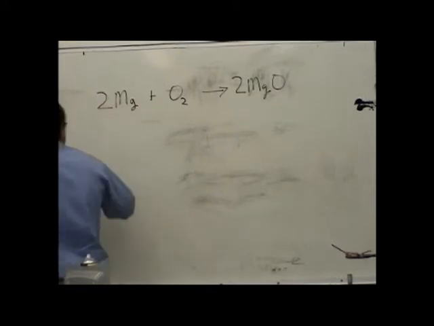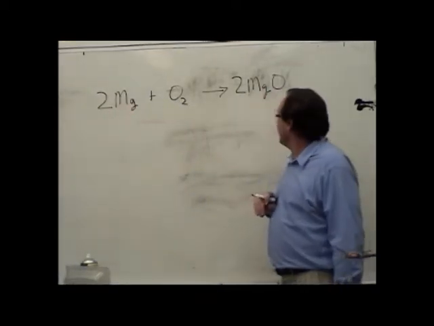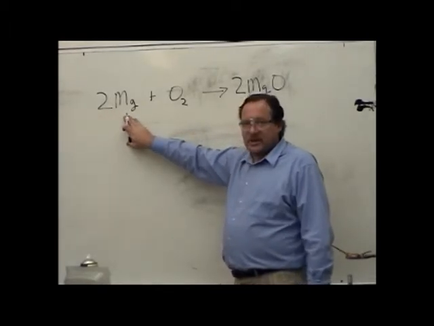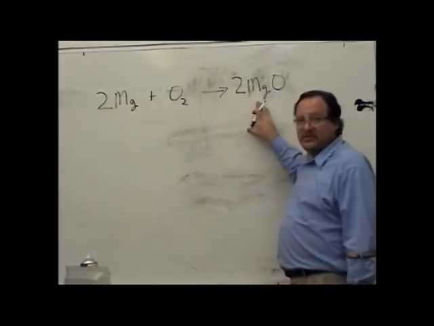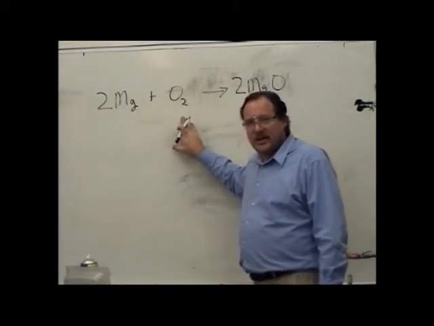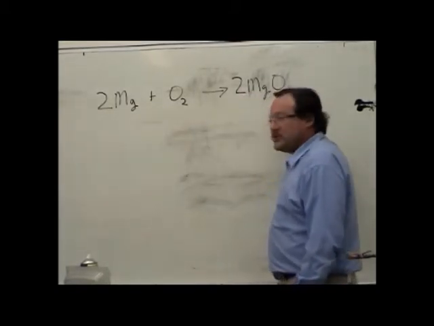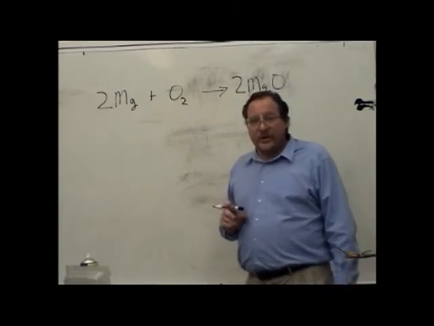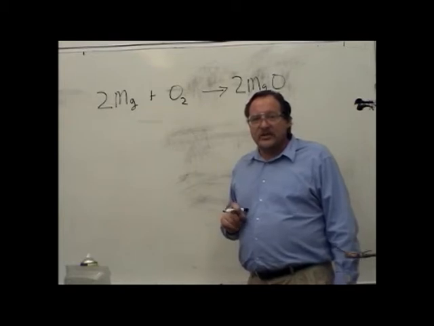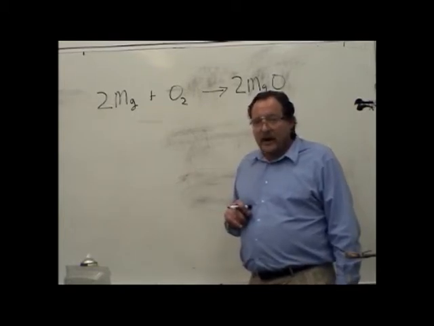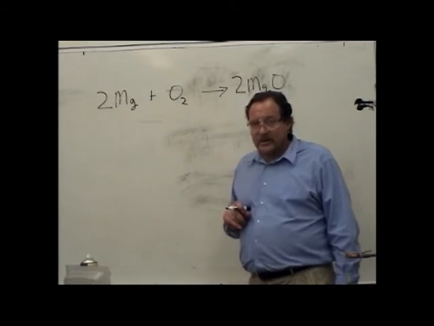Now let's double check our reaction. 2 magnesiums on the left, 2 magnesiums on the right. 1 times 2, 2 oxygens on the left. 2 times 1, 2 oxygens on the right. So we know that we do have a balanced equation, and so we're able to get our mole ratio from this balanced equation.